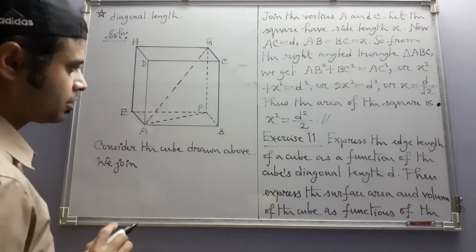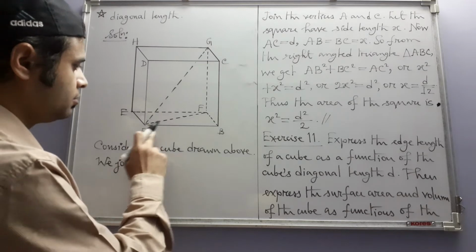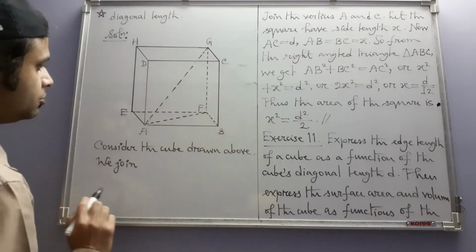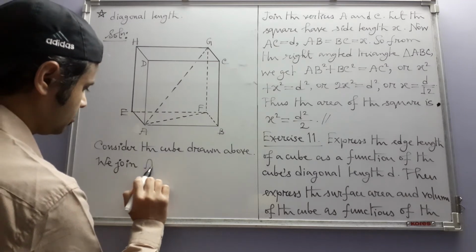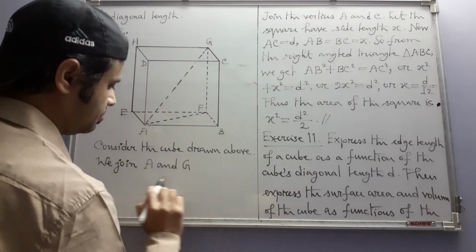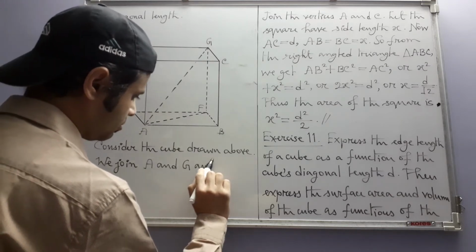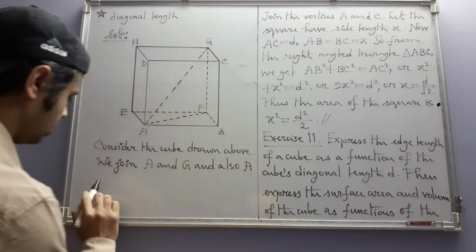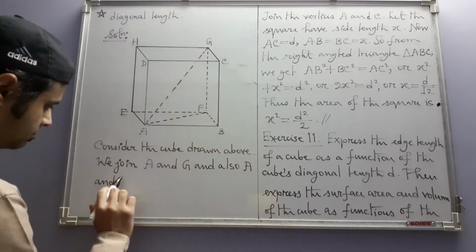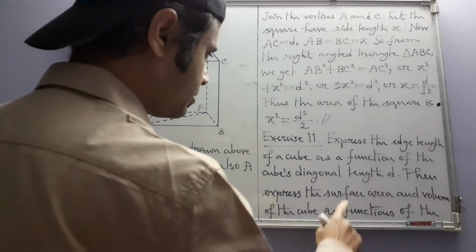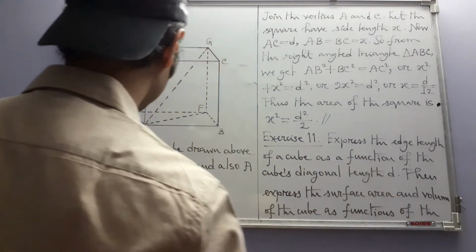Consider the cube drawn above means also consider the names we have given to the vertices. We join A and G and also A and F.